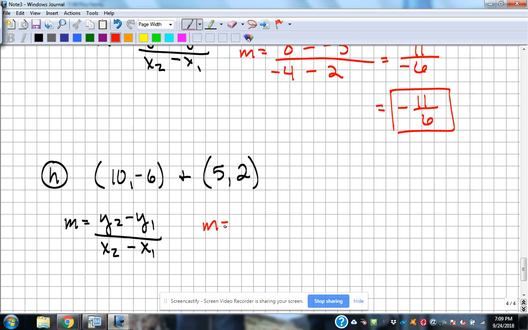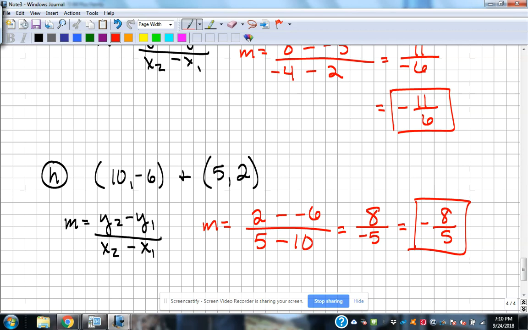That's fine. 2 minus -6. So that means I have to start with which x value? 5 minus 10. So 2 minus -6 becomes 8. 5 minus 10 is -5. So it's -8/5.